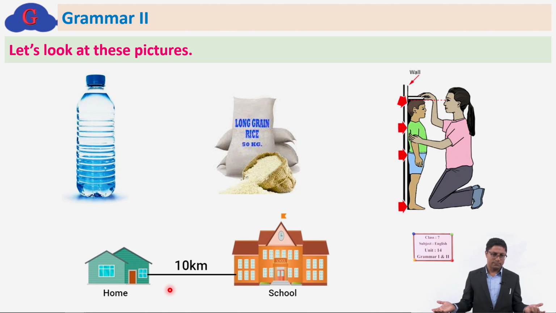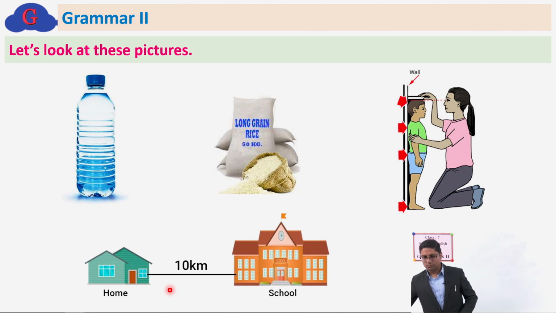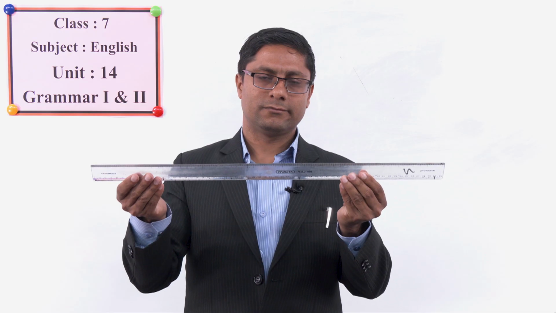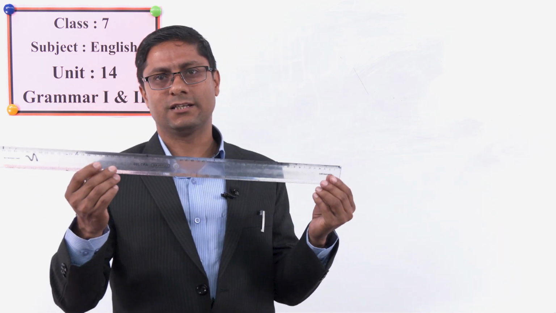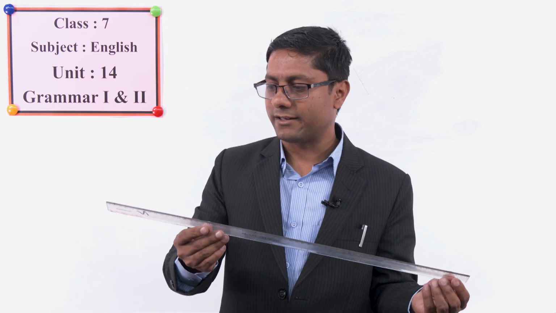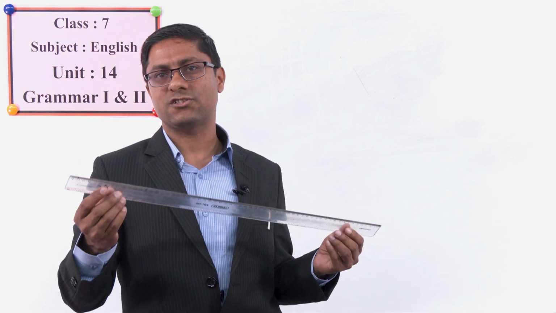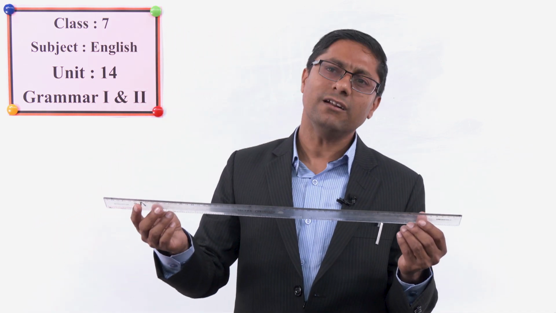So we can say, how far is the school from home? See there, what do I have in my hand? It's a ruler. So how long is this ruler? We can say it's 60 centimeters long.